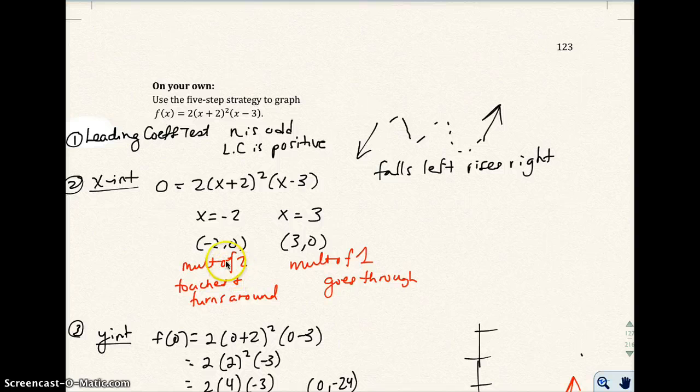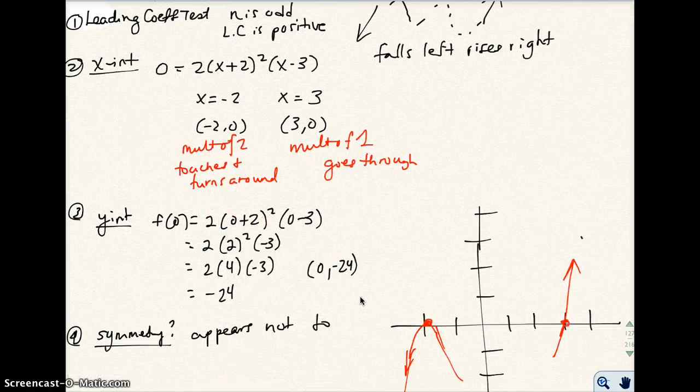It looks like the -2, 0 has a multiplicity of 2 because that factor would occur twice. And then the 3, 0 has a multiplicity of 1, so it goes through that point. The -2, 0 has a multiplicity of 2, so it touches and turns around. I found the y-intercept, and it's a very large y-intercept, 0, -24.